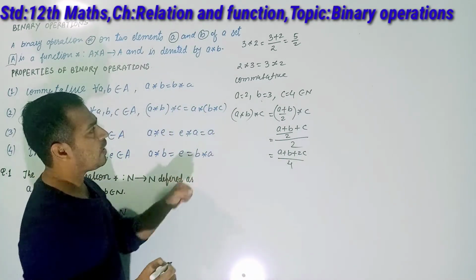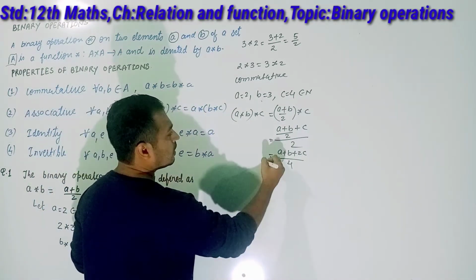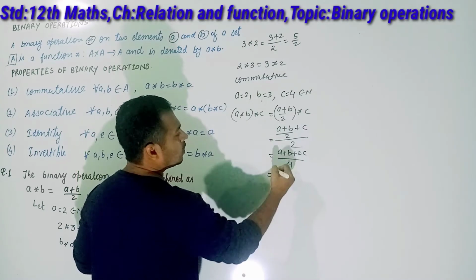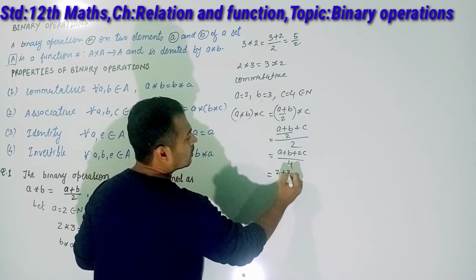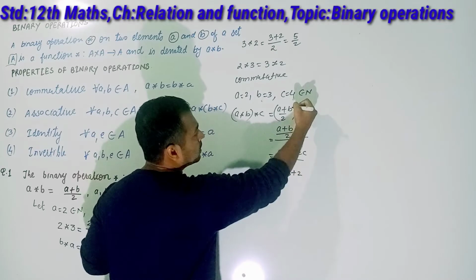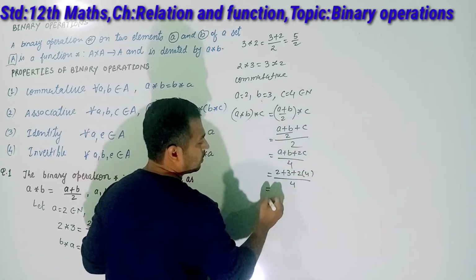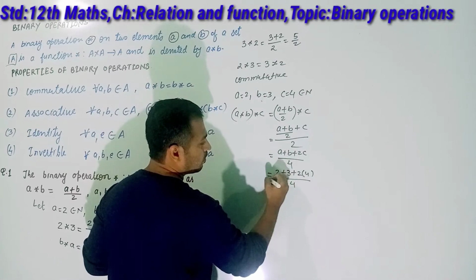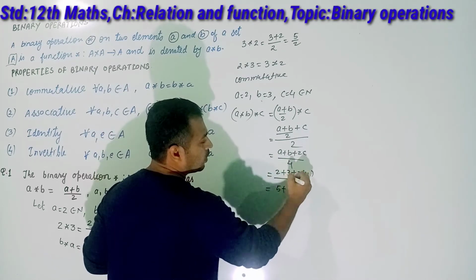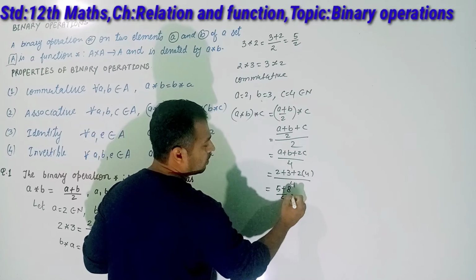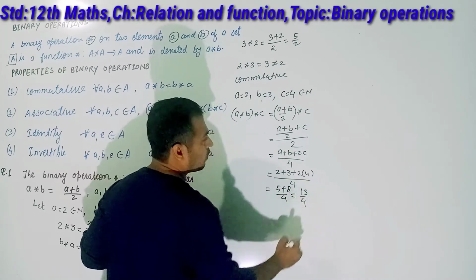Now putting the values a is 2, b is 3, c is 4: 2 plus 3 plus 2 into 4, 8, by 4. We are getting 13 by 4.